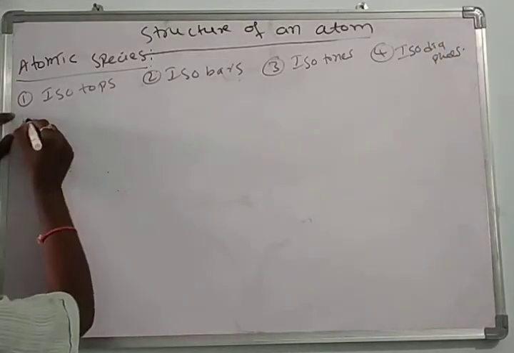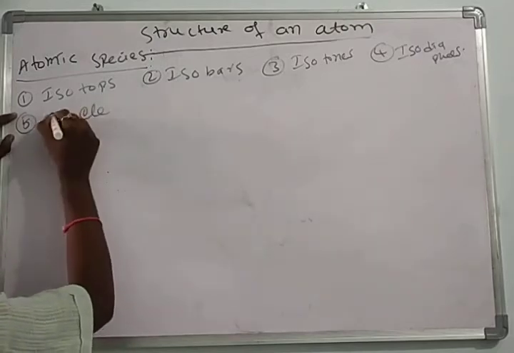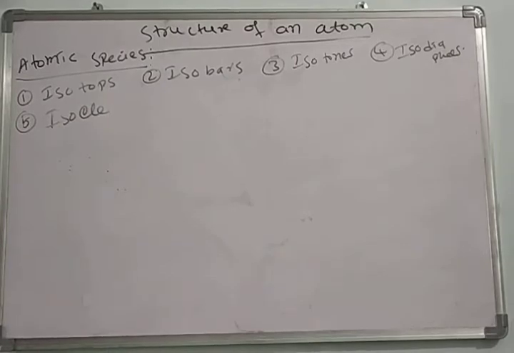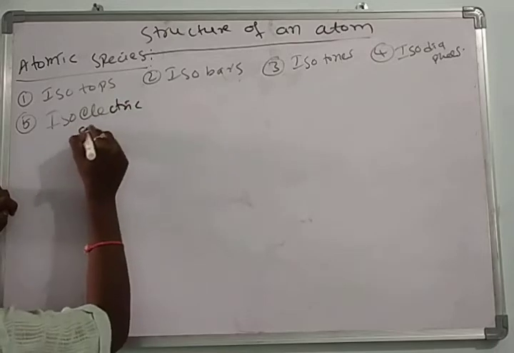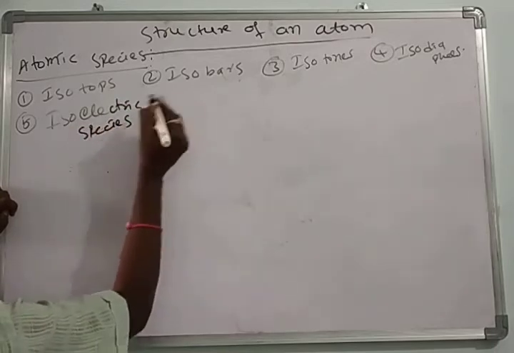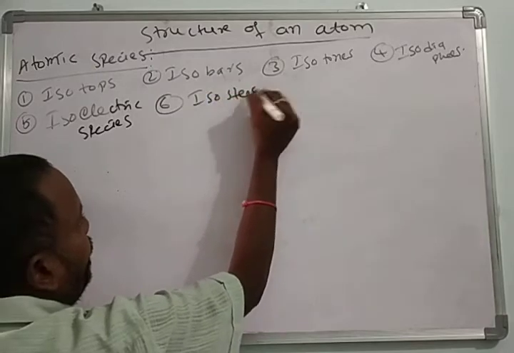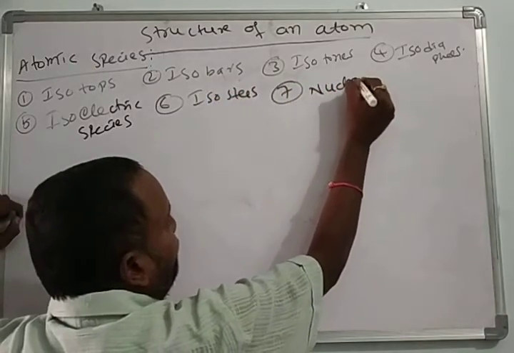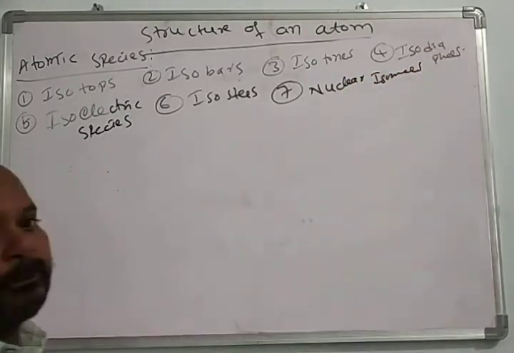And fifth one, isoelectronic species. Sixth one, isostars. Seventh one, nuclear isomers. All these are the atomic species.